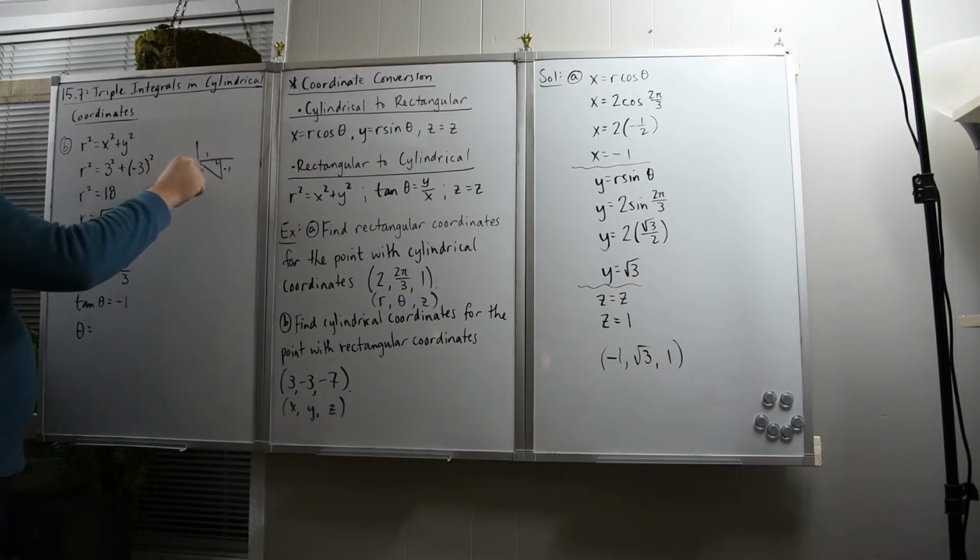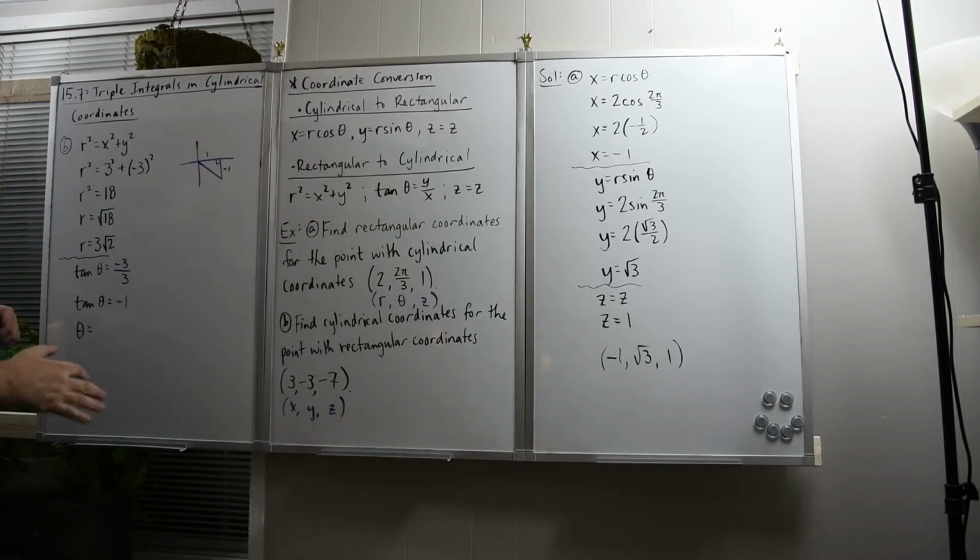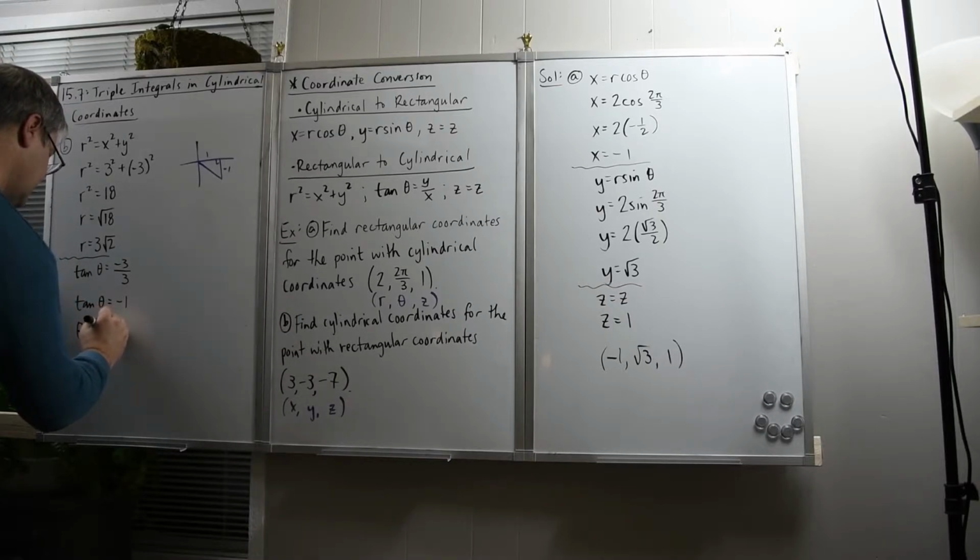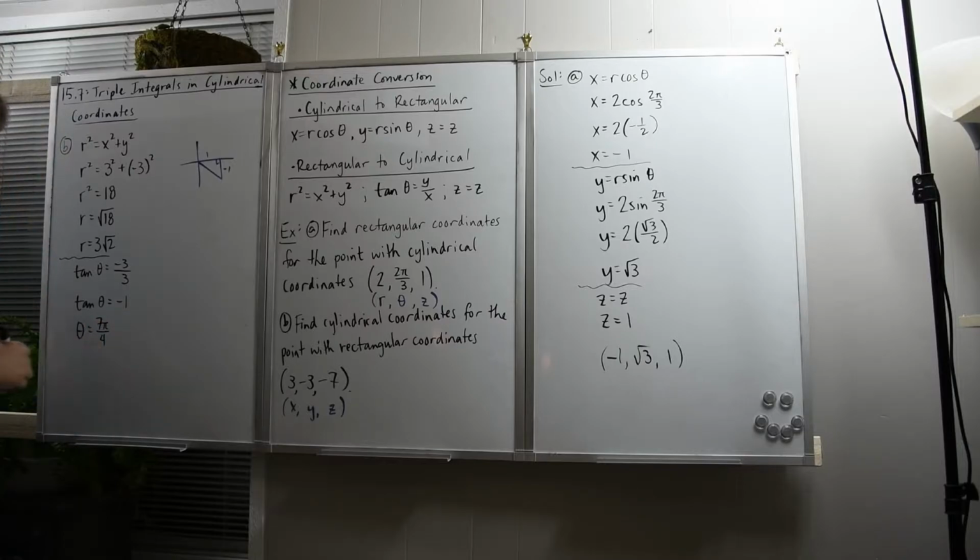So full revolution minus 45 degrees is 315 degrees, which corresponds to 7 pi over 4 radians. Now, you could take theta to be 7 pi over 4 plus 2 pi n, where n is any integer, and that would also be a viable theta given this r.